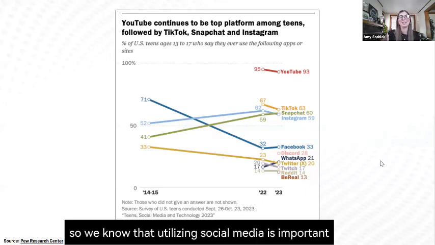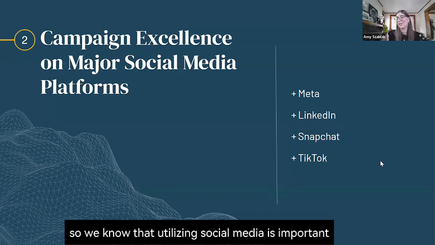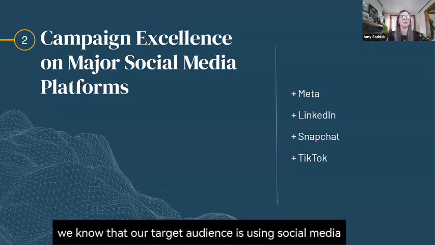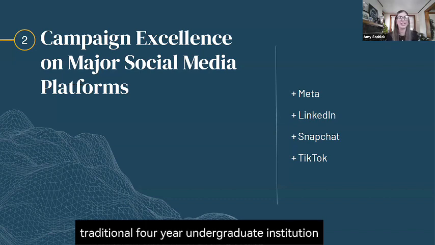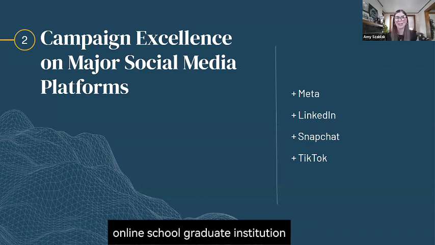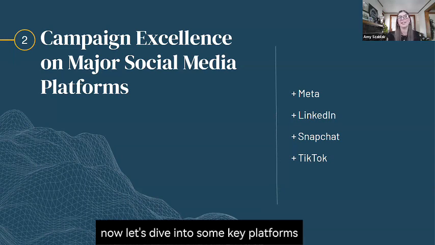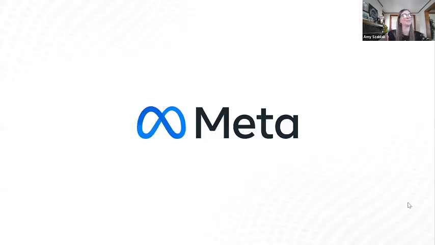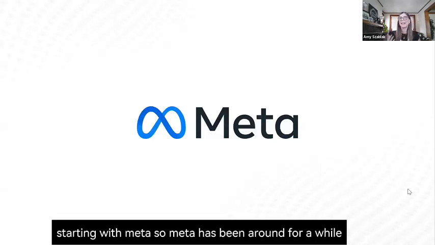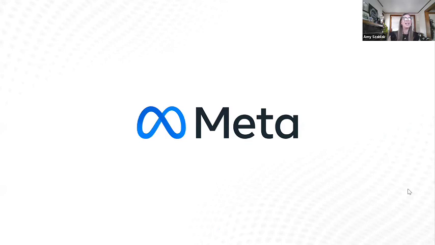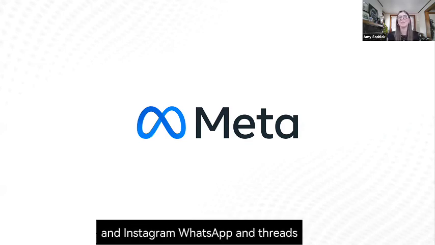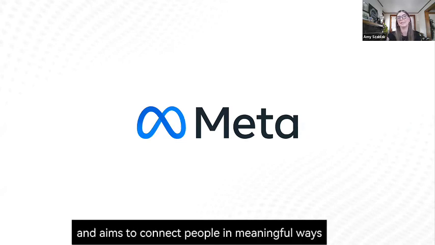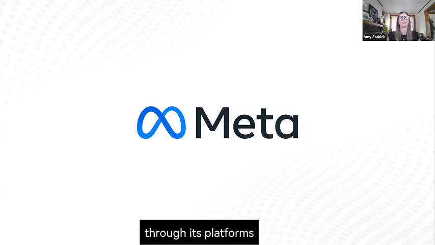All right, so we know that utilizing social media is important. We know that our target audience is using social media daily, whether you're a community college, traditional four-year undergraduate institution, online school, graduate institution. Now let's dive into some key platforms within paid social media advertising, starting with Meta. So Meta has been around for a while. It's the overarching social technology company that owns Facebook and Instagram, WhatsApp, and Threads, and aims to connect people in meaningful ways through its platforms.